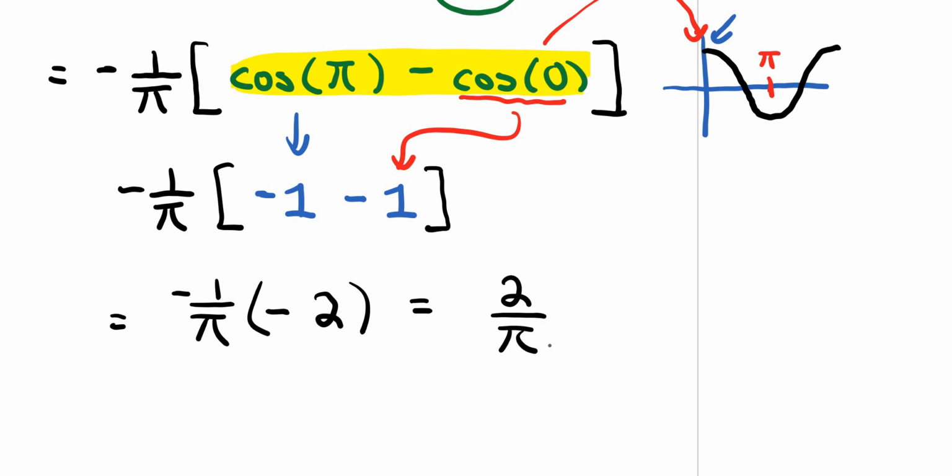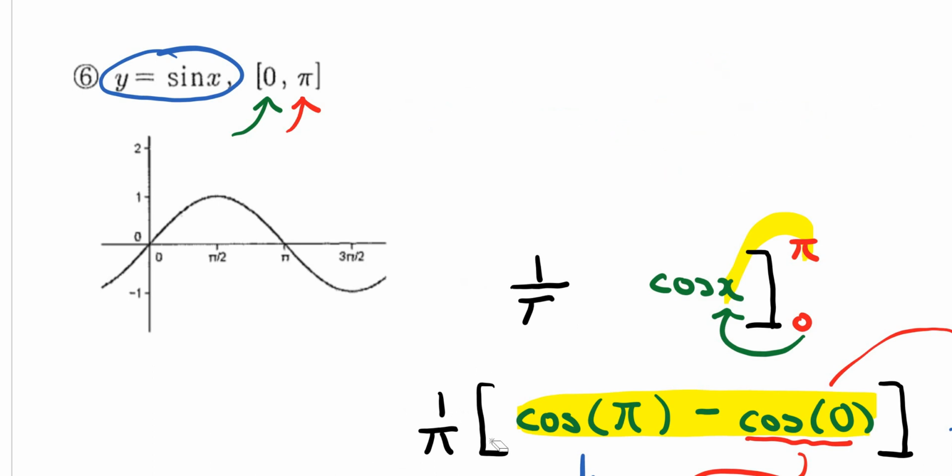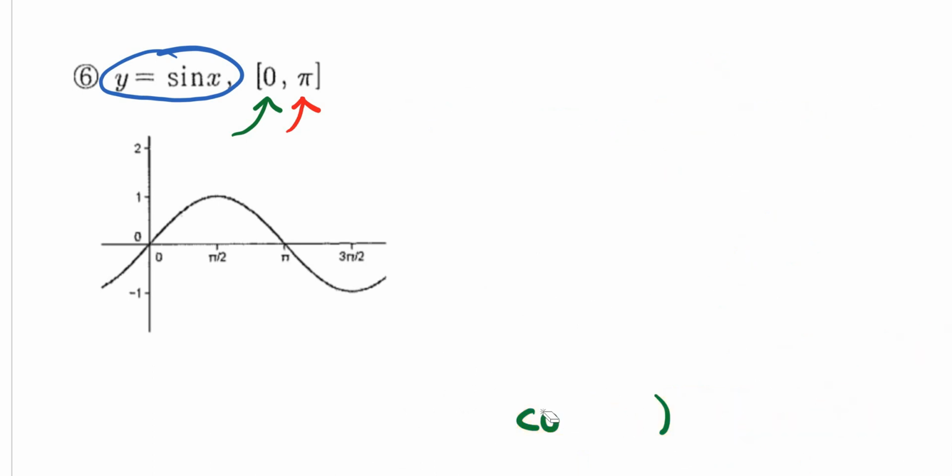Okay, great. The next part of the problem is a little bit trickier because I need to find all the x values where this function obtains its average value. Throughout this problem, we did a bunch of work and we found that our y average was, what was it again? It was 2 over pi.